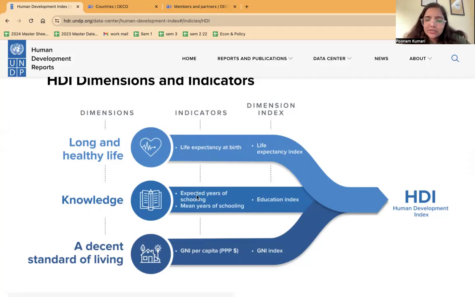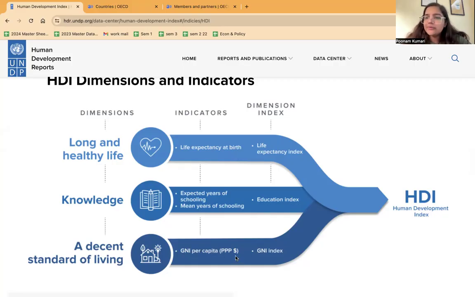Knowledge meaning education. There are two things: expected years of schooling and mean years of schooling. So on average, how many years of schooling are people doing in that particular country? Using that, they're creating an education index. Using life expectancy, they're creating a life expectancy index. And then to understand the standard of living of people, GNI per capita, gross national income per capita, in PPP dollar terms.